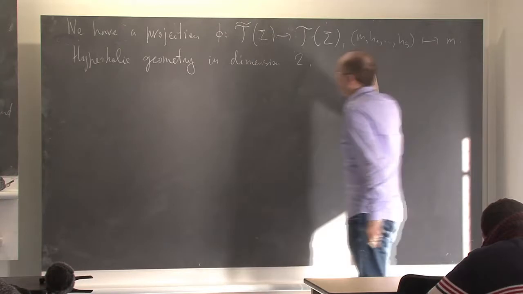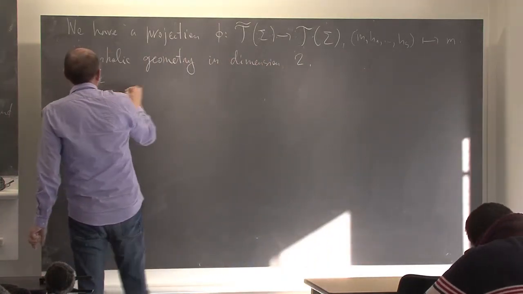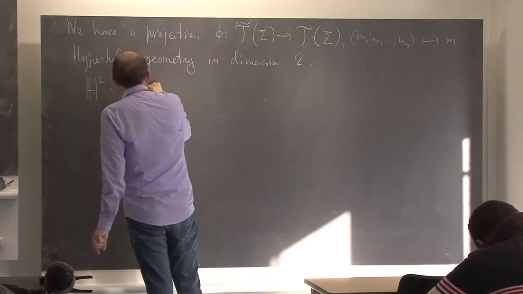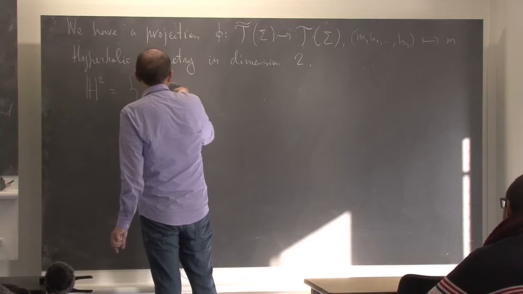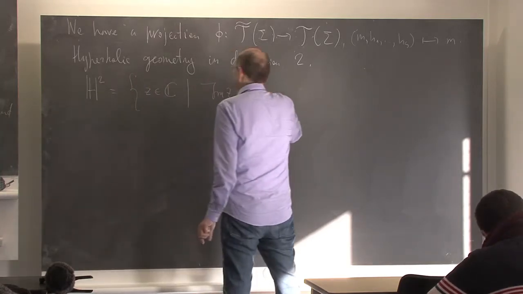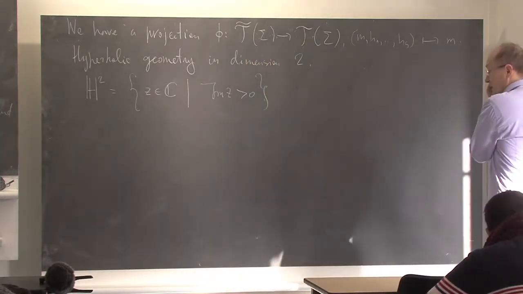I didn't expect that. So what is it? H2 is the upper half space, so it is the set of z in C such that the imaginary part of z is strictly positive. So as I said, the two-dimensional hyperbolic space is this.